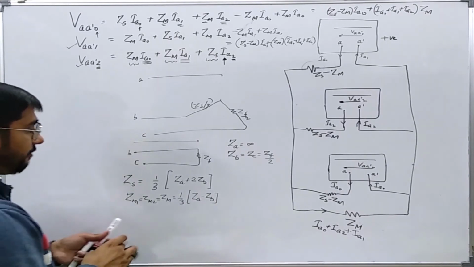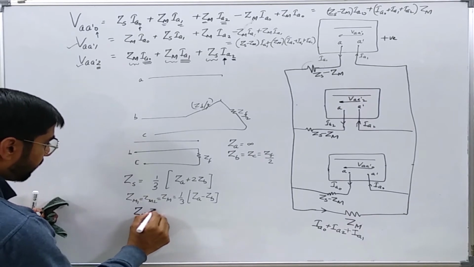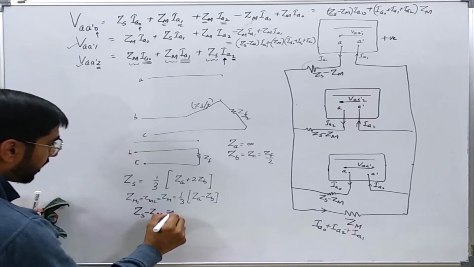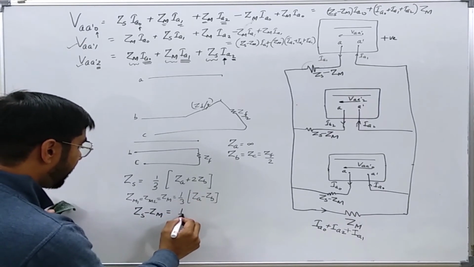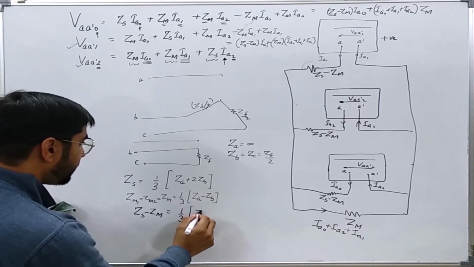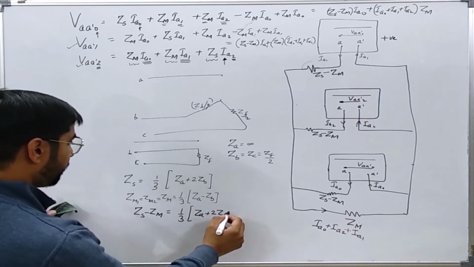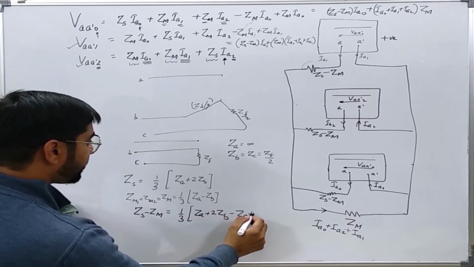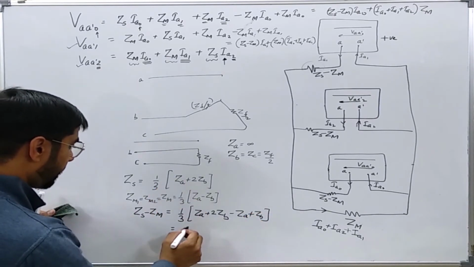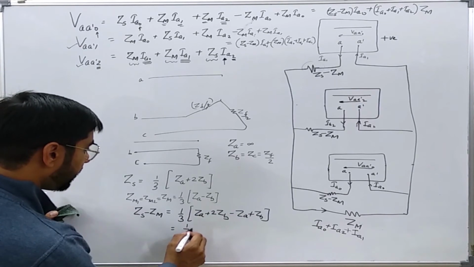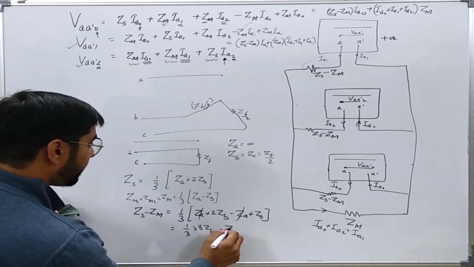From this we can find that ZS minus ZM equals 1 by 3 ZA plus 2ZB minus ZA plus ZB, which equals 1 by 3 into 3ZB equals ZB.